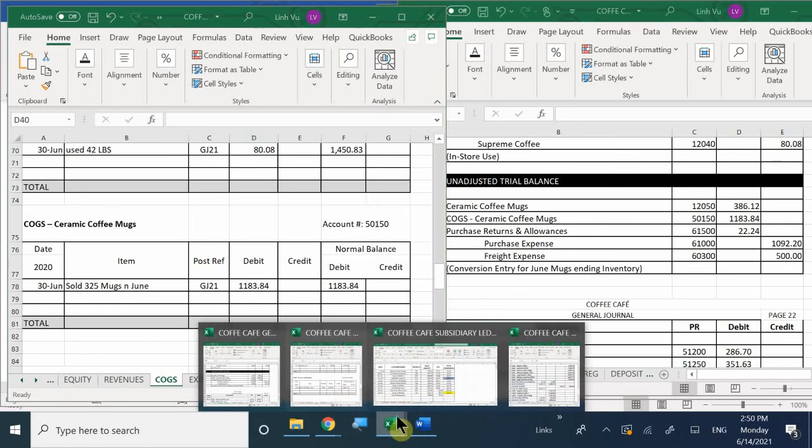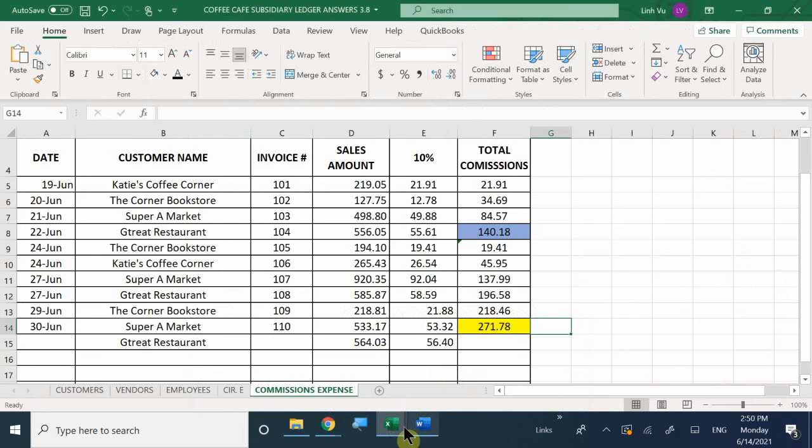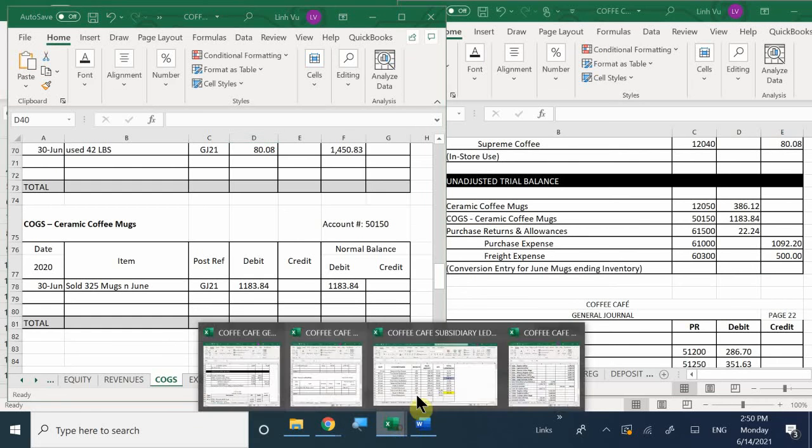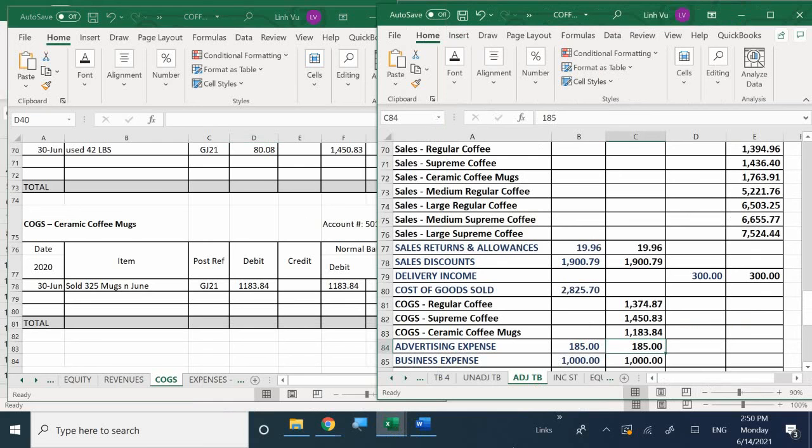I have a question. I missed something. What do we think we have a discrepancy on? Because I had 1183.84 on my end, but Nicole had 1183.83 on her end. Oh, okay. So here we go.